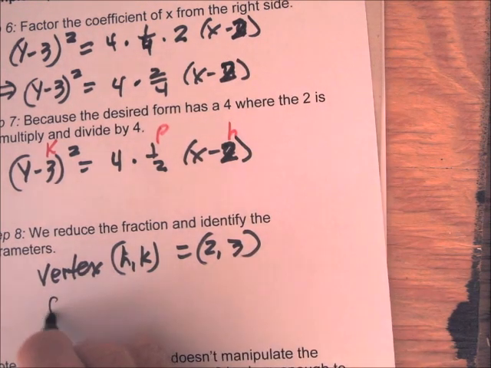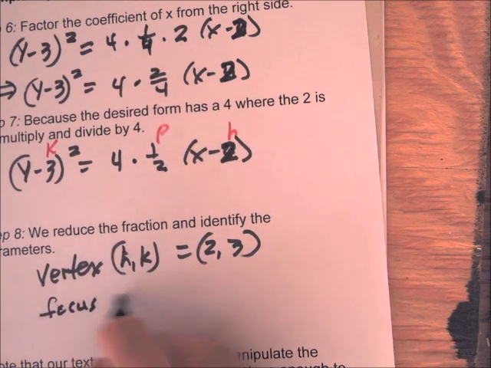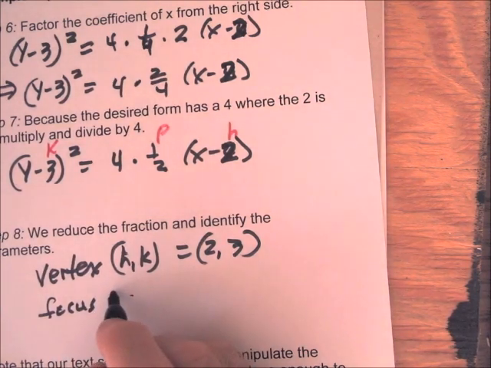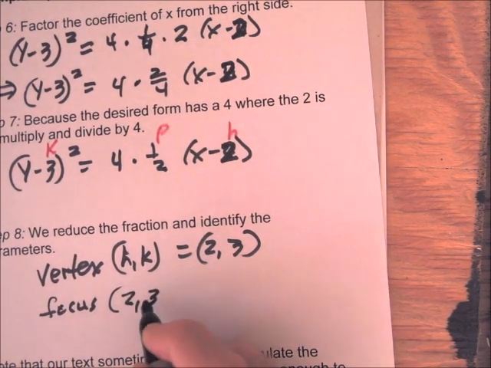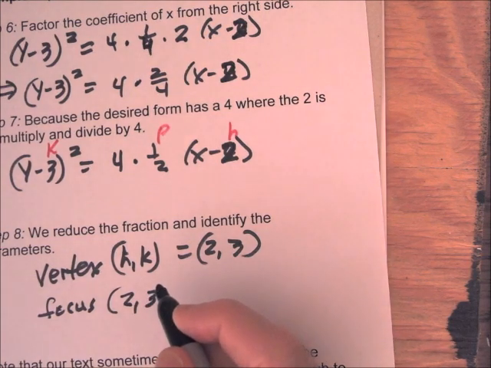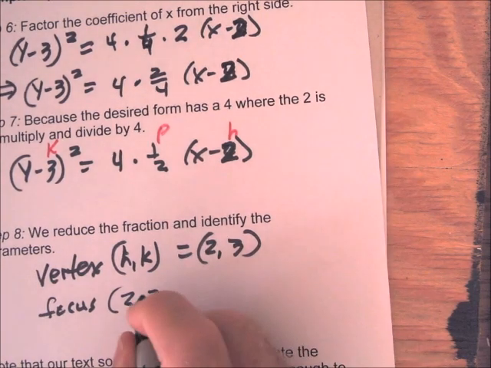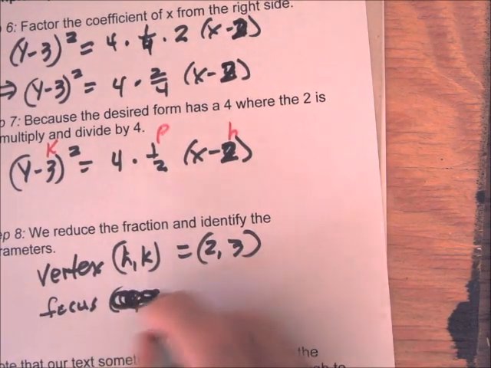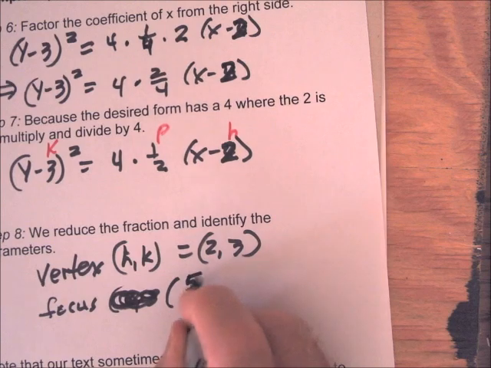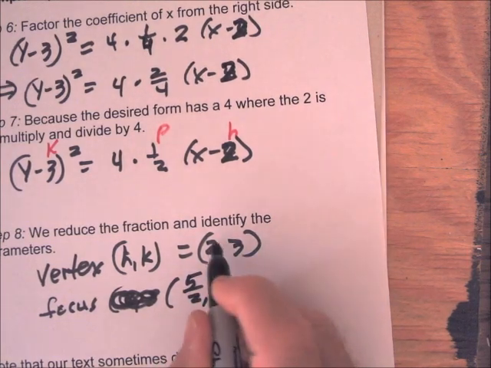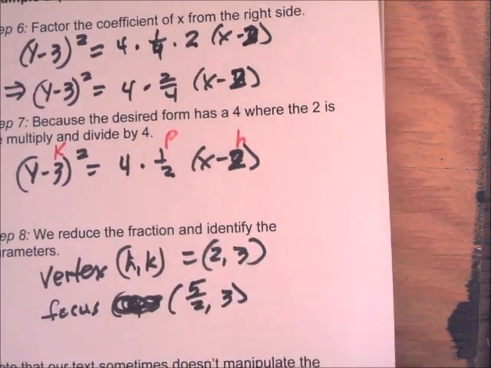So the focus is going to be 2, 3, and actually I'm going to add to the x coordinate rather: 2.5, 3, or 5 halves, 3. So we want to add p to the x coordinate.